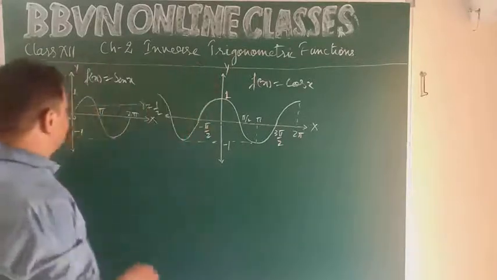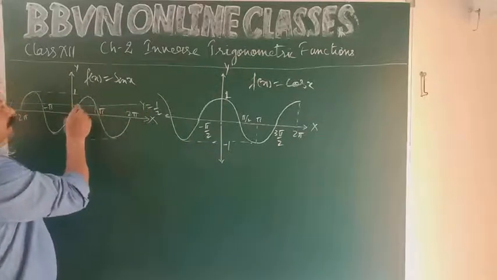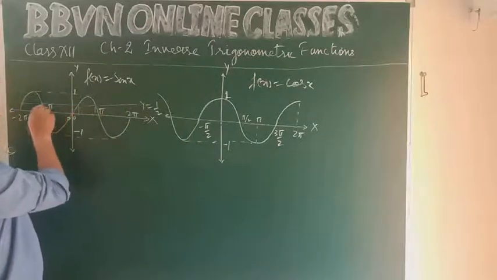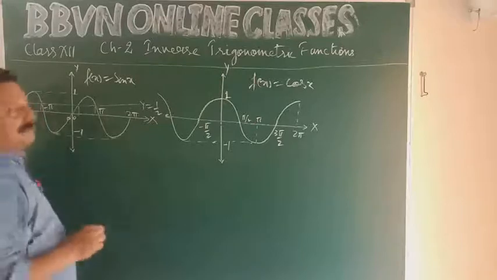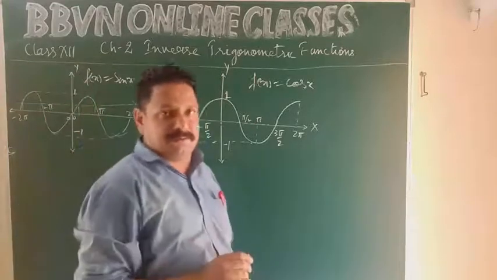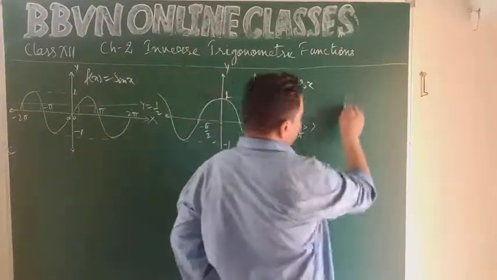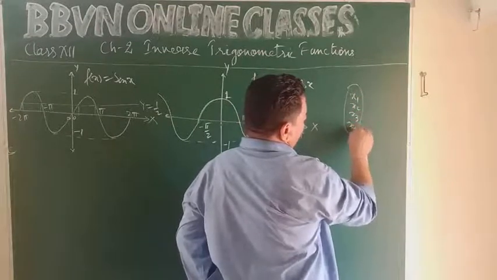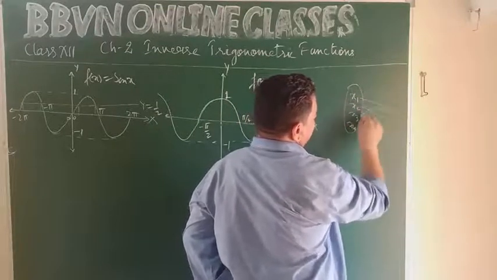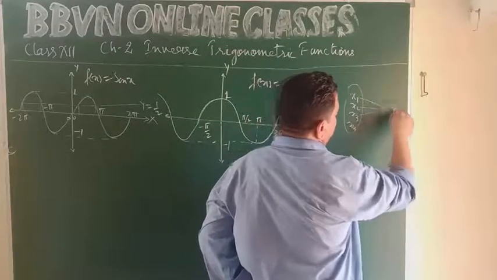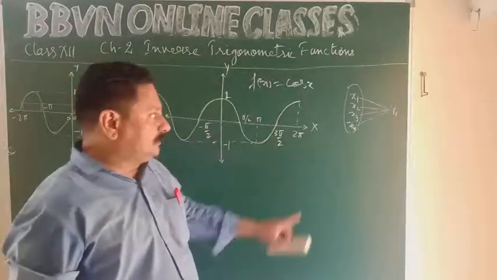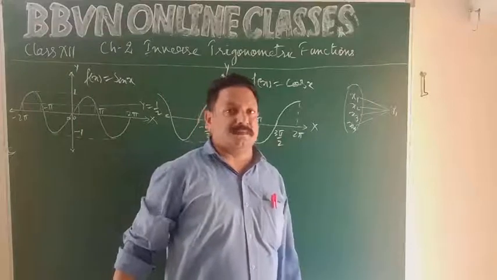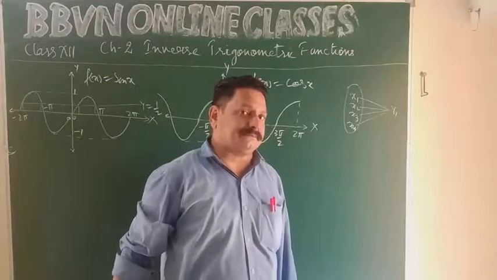What do we see? For different values of x, we have the same value of y. For distinct values x1, x2, x3, x4, we have the same value y. So it is not a 1-1 function.